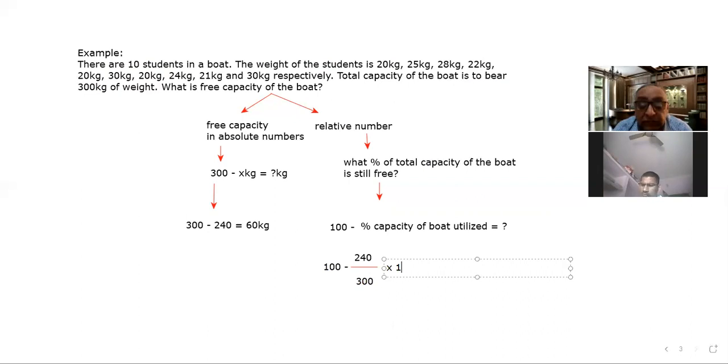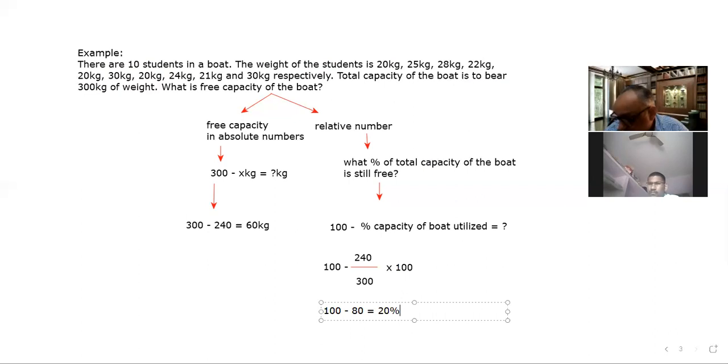So that means out of the 100 units total capacity of the boat, if we assume it, 80% capacity of the boat has been utilized. So the free capacity of the boat which is still available, that is the 20%, right? So this is another way of solving the question. Anyway, we can solve this question in different ways.